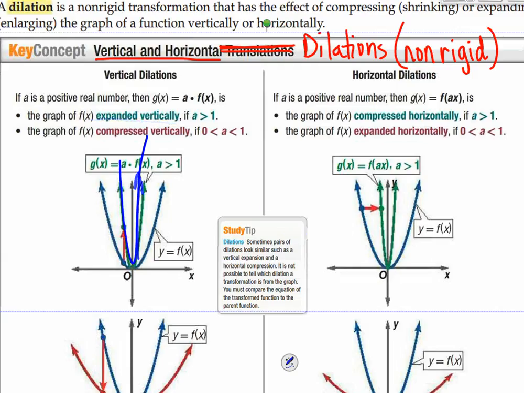But if I change and multiply inside of the parenthesis for f of x, which means I actually change x to maybe 4x, visually it's going to look similar because it's going to look like it's expanded vertically, but because we're changing it in where the x was, so this one might be g of x is 5x squared, which is really 25x squared, but because this 5 is written inside of that parenthesis, it is considered to be compressed horizontally.